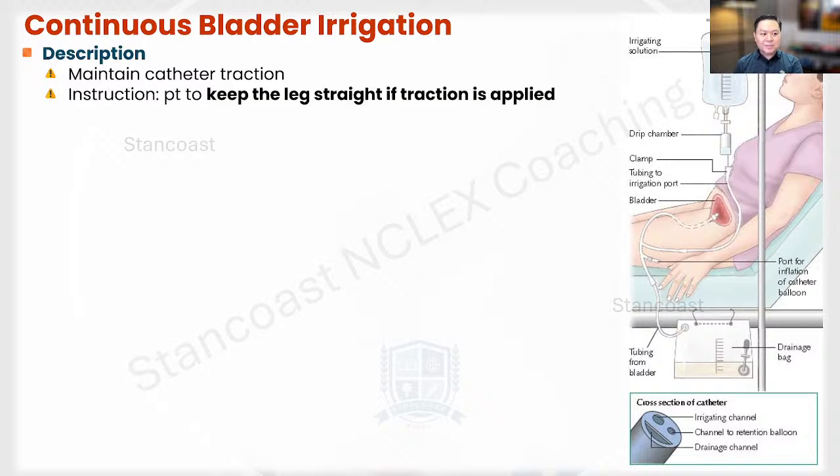That's why we need to keep that. And then we're going to instruct the patient to keep the leg straight if traction is applied. So they can still move their legs, but just not bent, okay? Make sure they can do lateral movement, but not a whole lot of bending.